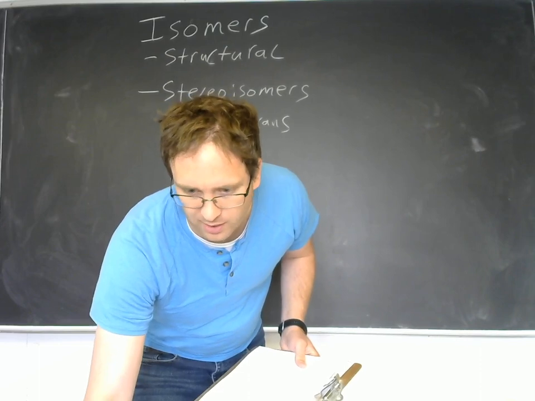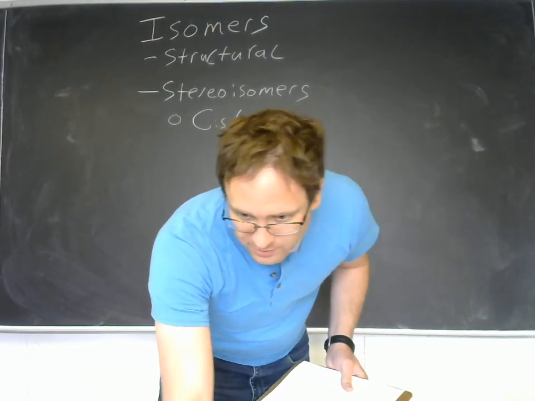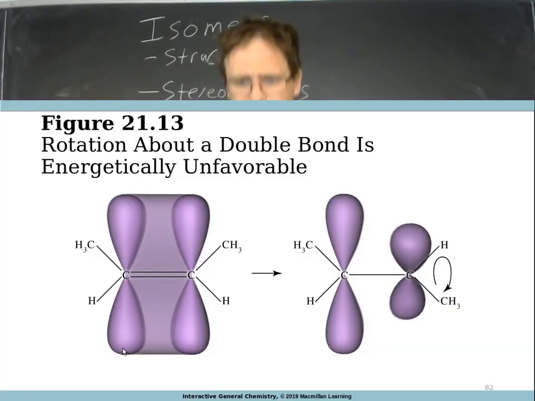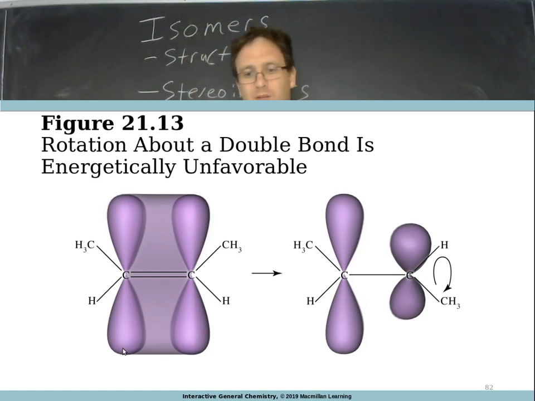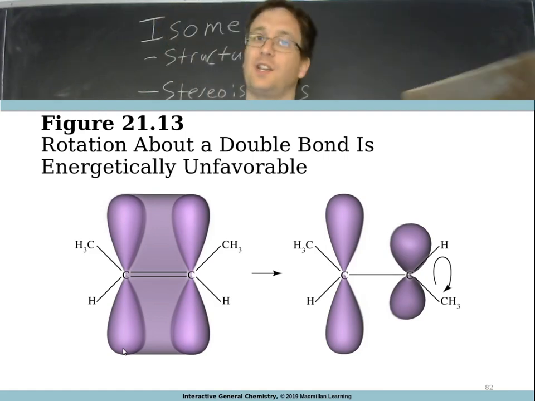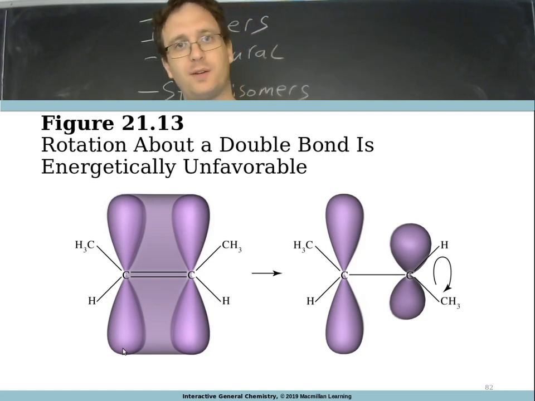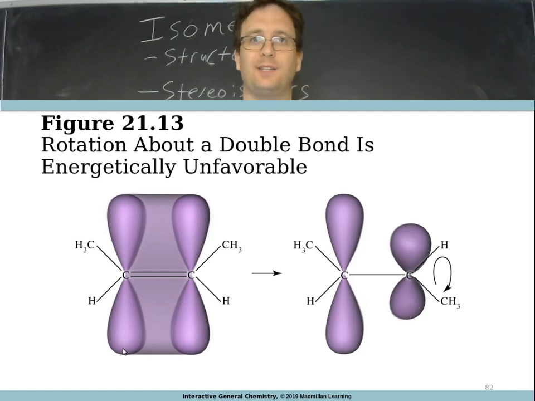Sorry, I'm advancing to figure 21.13. There it is, which is just a butene molecule where you have CH3 and then CH and then a double bond to the next carbon CH and then a CH3. So this is a 2-butene molecule.